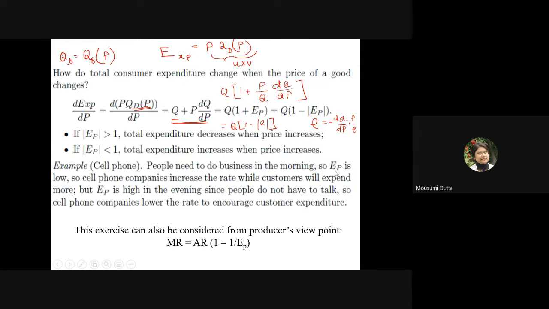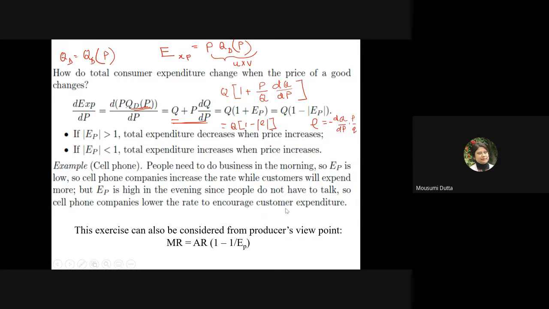When elasticity is low, cell phone companies increase the rate while customers will spend more. But E is high in the evening since people do not have to talk. So cell phone companies lower the rate to encourage customer expenditure.